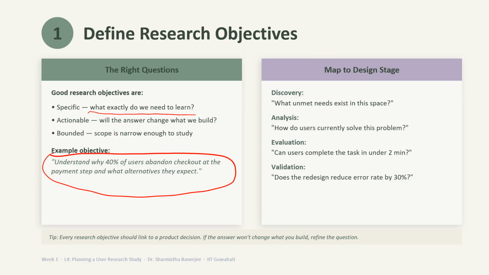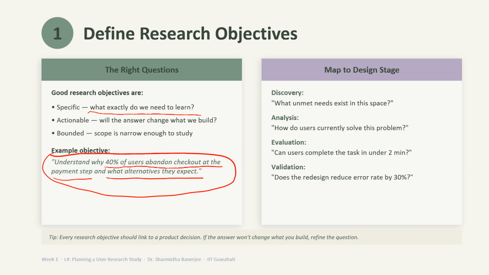Now this is a very specific question. Why is it specific? Because I know exactly what we need to learn. I want to learn why these 40% of users are abandoning the checkout at the payment step, and I want to learn what alternatives they are expecting. So I am very specific.